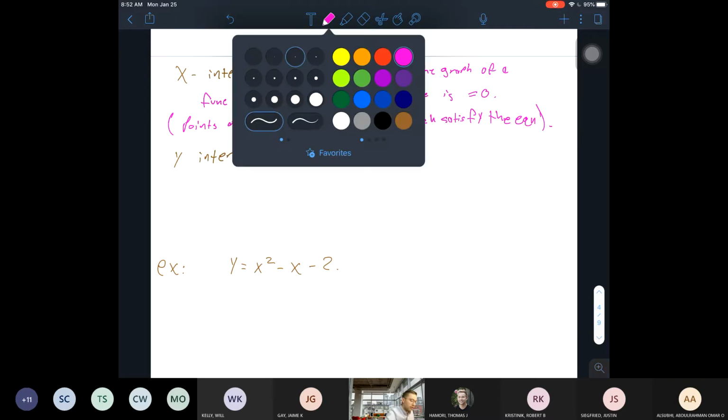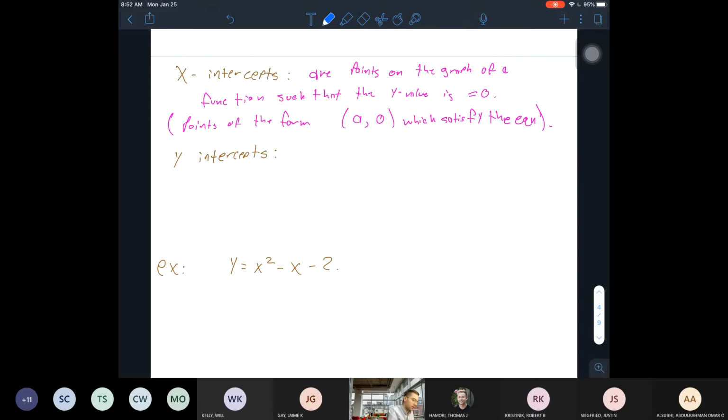Okay, and y-intercepts are going to be the reverse of that. They're going to be points on the graph of the function where x is equal to 0.